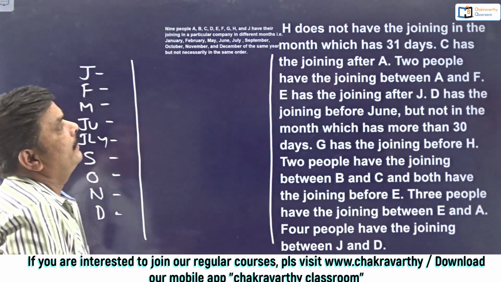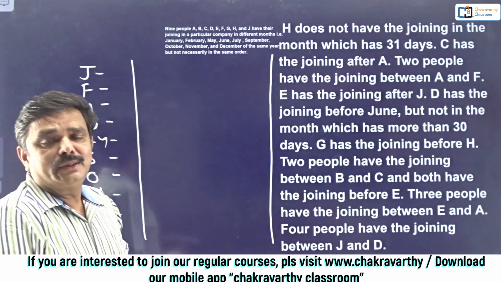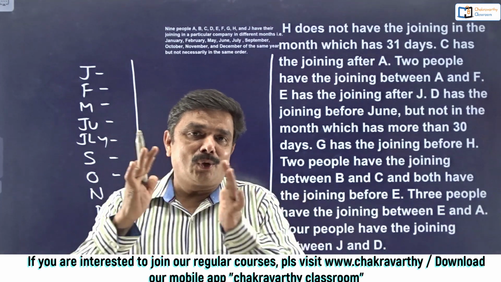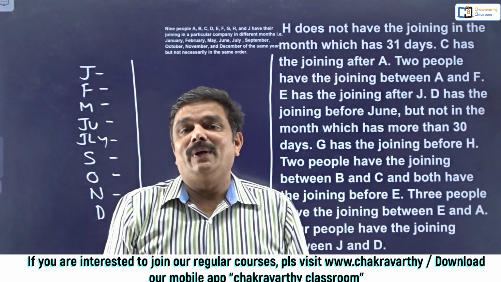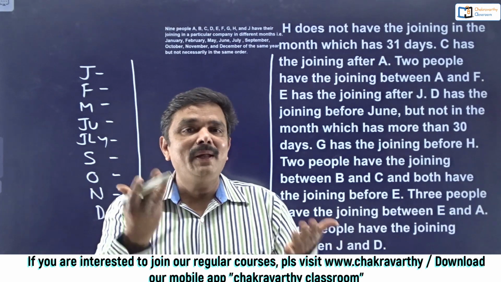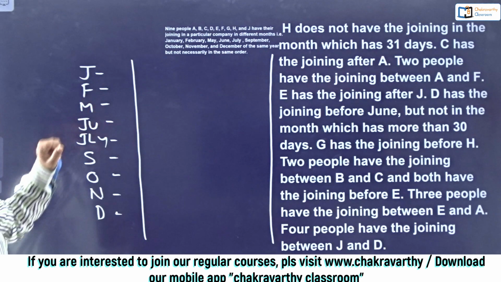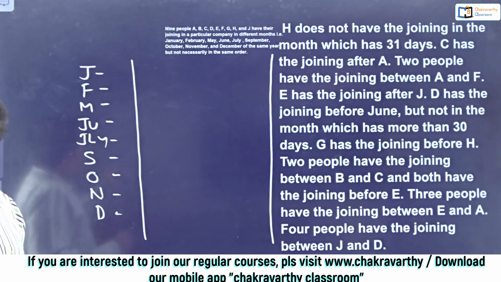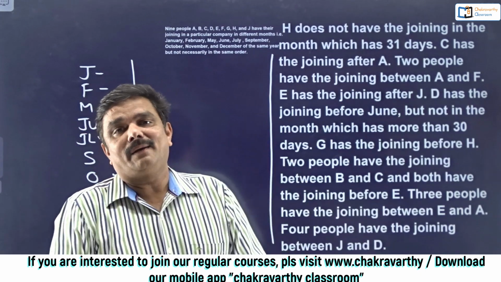Take the first data. H does not have the joining in the month which has 31 days. What do you mean by that one? H has not joined in the month which has 31 days. It should be less than 31 only. Less than 31 means that may be 30 or 28 or 29. That means Feb is accepted and along with that one, maybe a month where only 30 days are there. You got the idea?